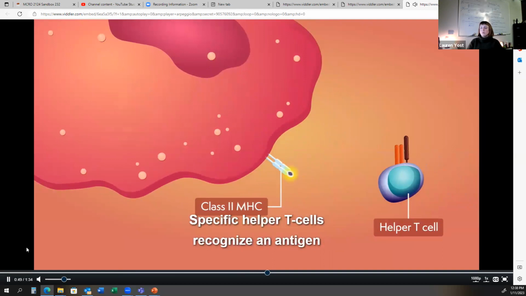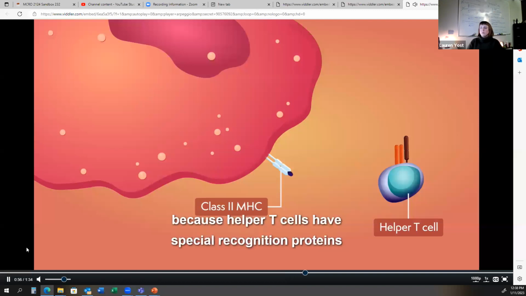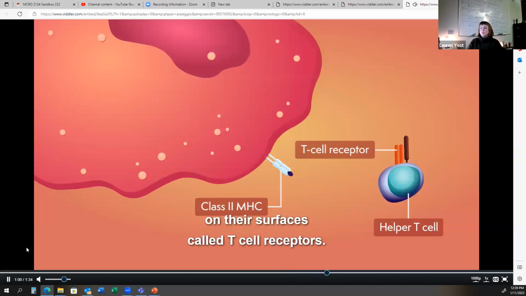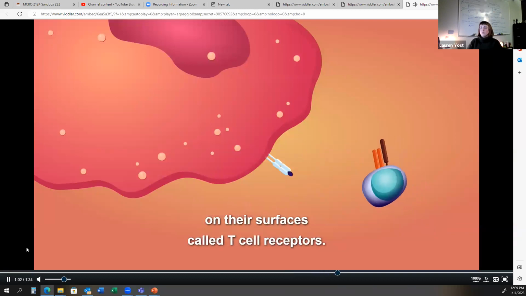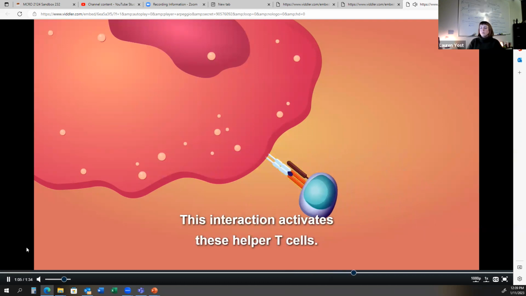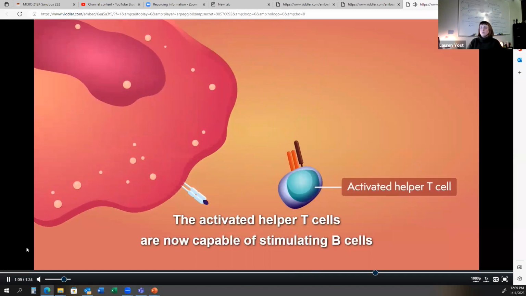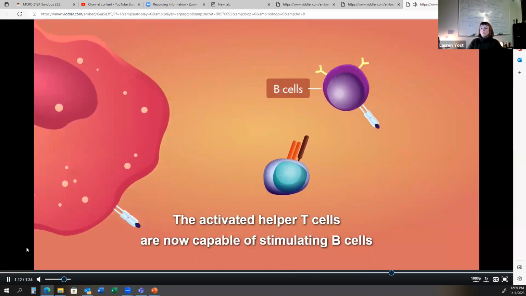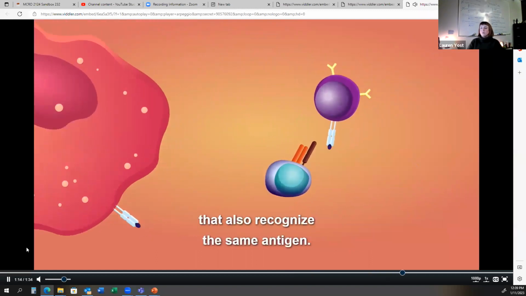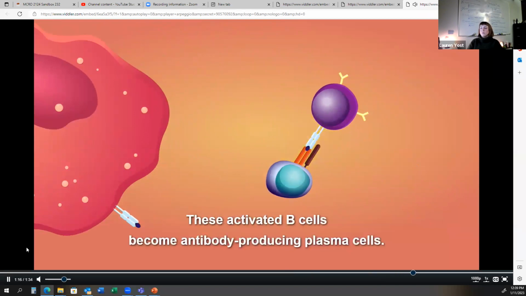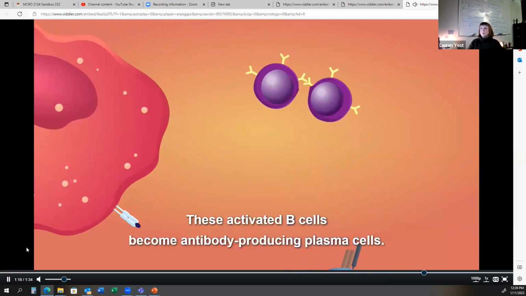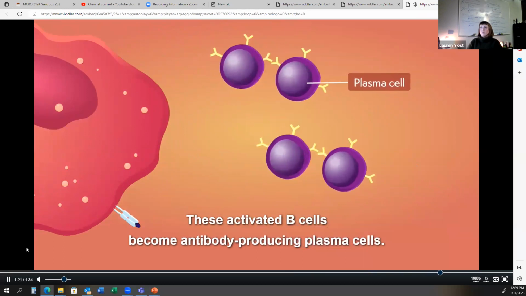Specific helper T cells recognize an antigen when it is presented on a class II MHC because helper T cells have special recognition proteins on their surfaces called T cell receptors. This interaction activates these helper T cells. The activated helper T cells are now capable of stimulating B cells that also recognize the same antigen. These activated B cells become antibody-producing plasma cells.